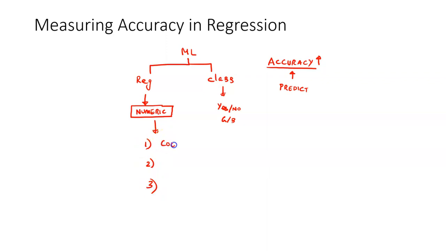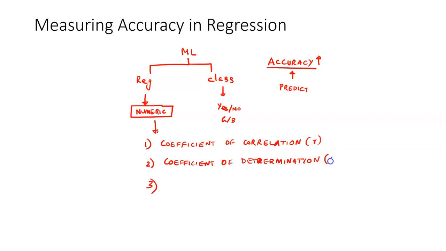One is known as coefficient of correlation, also known as R. The other one is known as coefficient of determination, represented as R square.